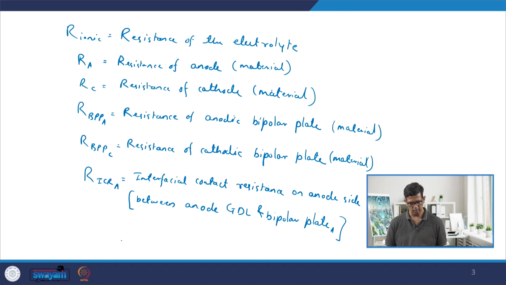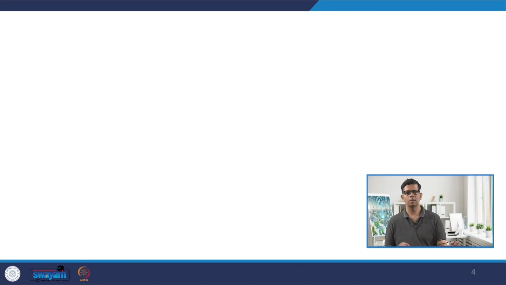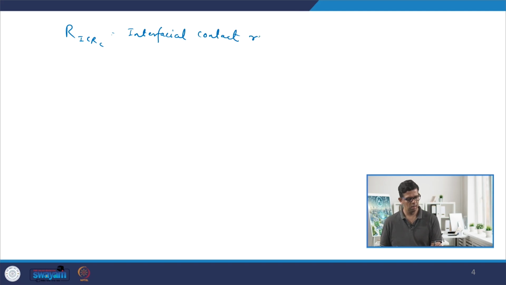And what is the case with respect to the contact resistance on the cathodic side? It is R ICR on the cathode side. It is the interfacial contact resistance on the cathodic side.